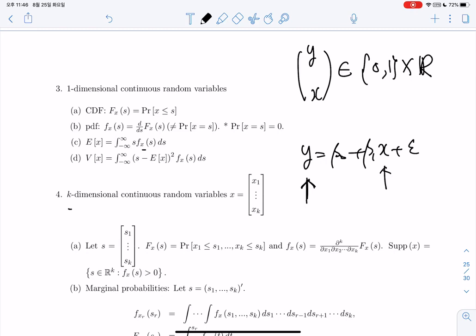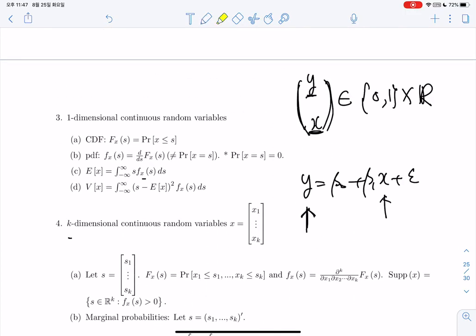Then the joint random variable y and x is continuous in x and discrete, actually binary, in y. Okay, so it is possible that in a multivariate random variable, some part is continuous and some part is discrete.